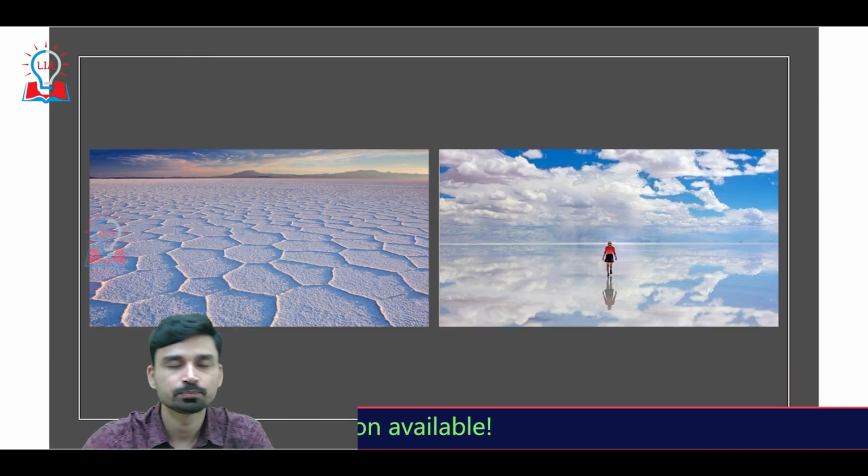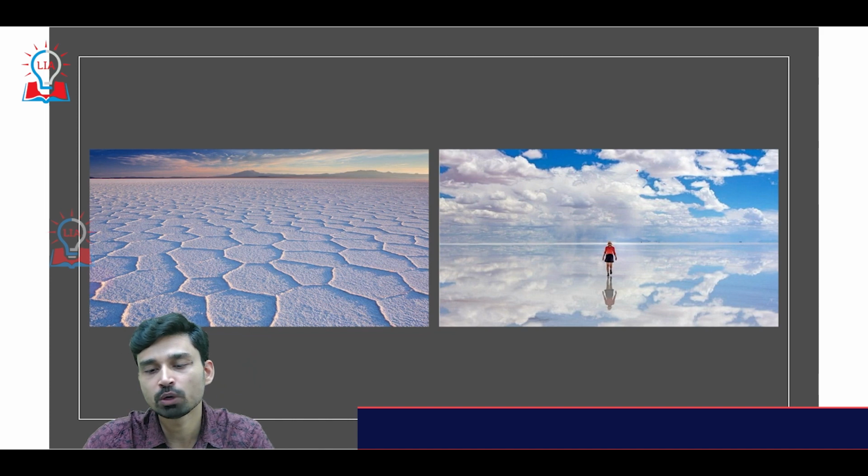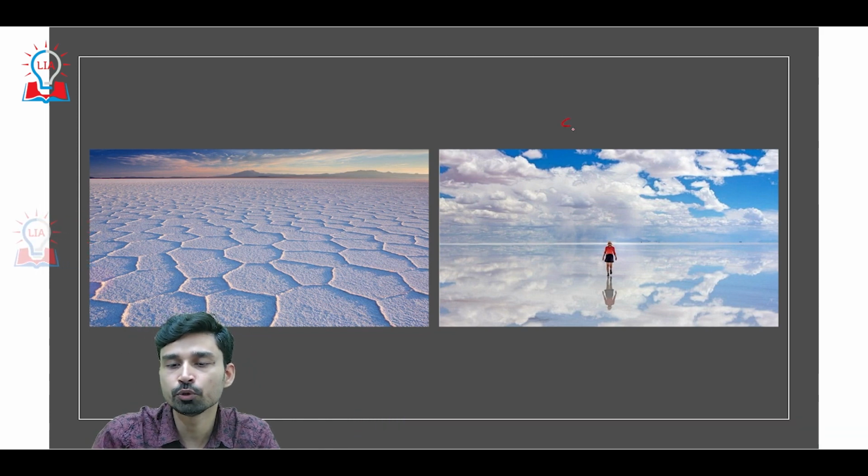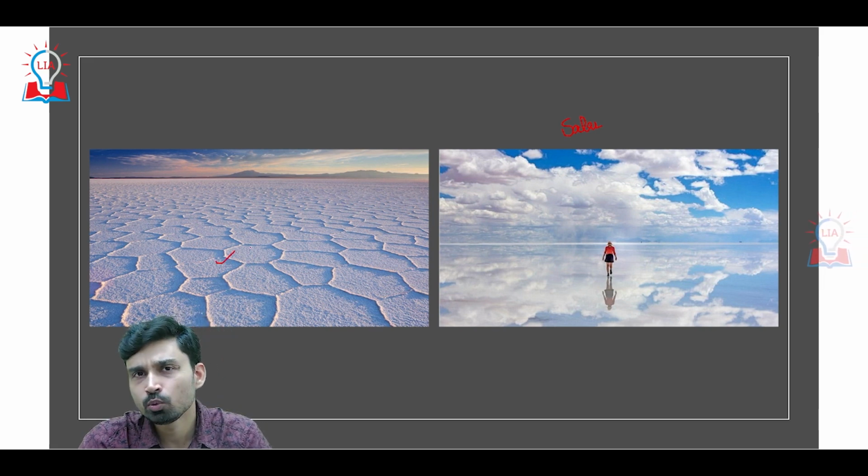The next important feature is what we call the Salar de Uyuni. Salar de Uyuni is basically a salt flatland, very similar to what we can see in the Kutch region of Gujarat.